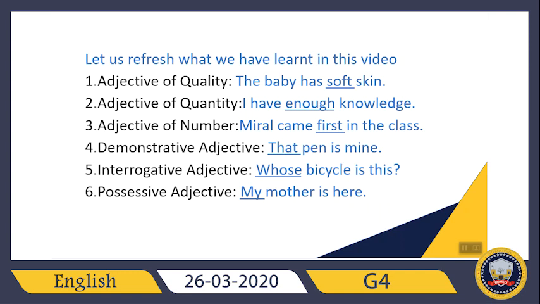Adjective of number. Mira came first in the class. When we are talking about adjective of number, it gives us the exact number of the thing we are talking about. We're talking about the position of Mira in the class.